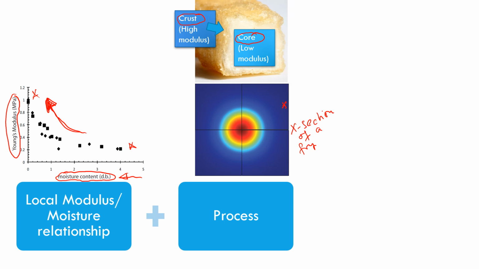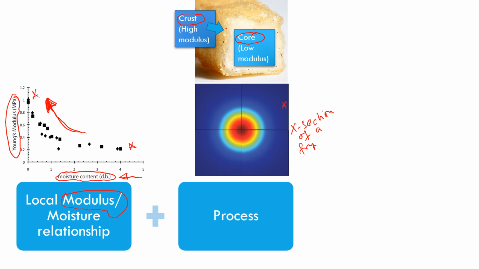So we now know modulus as a function of position or time by combining process information with this local modulus versus moisture relationship.